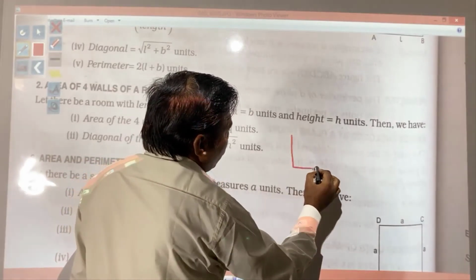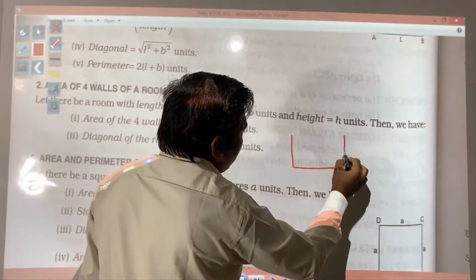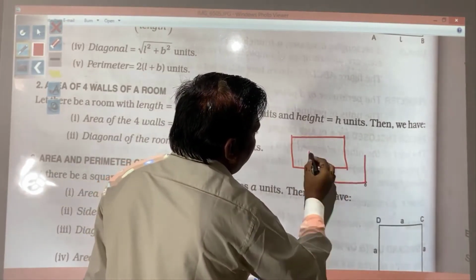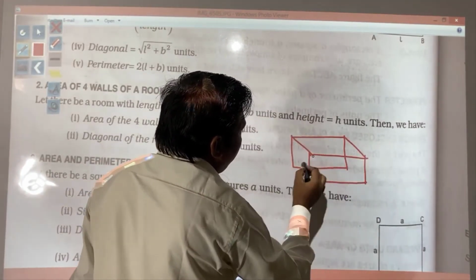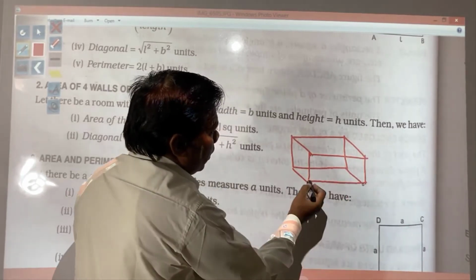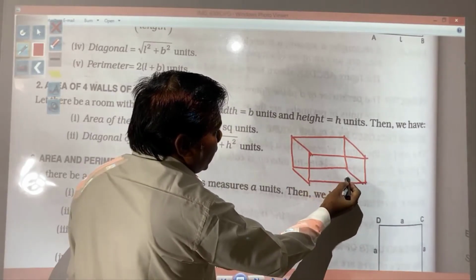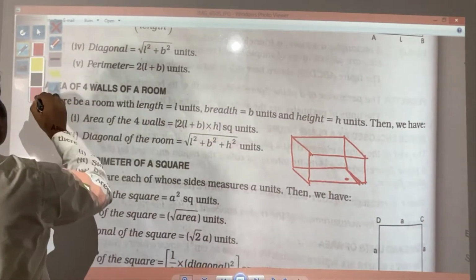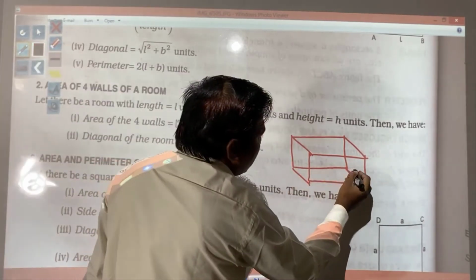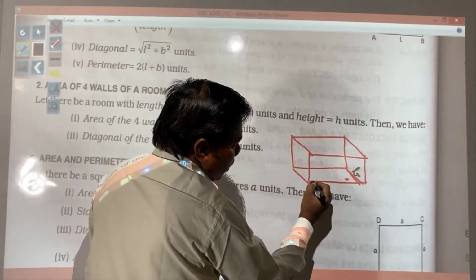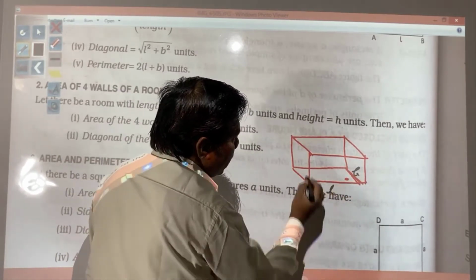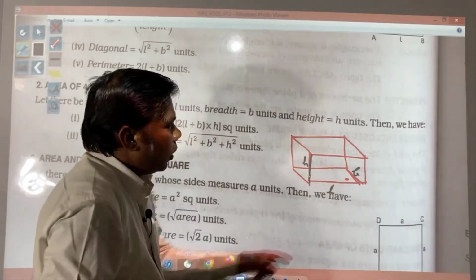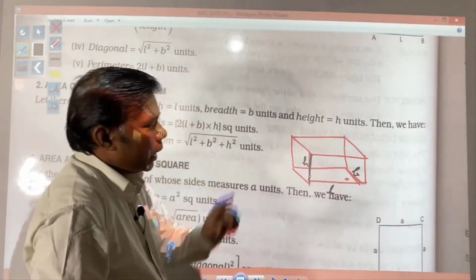Suppose your room is in this figure, like this you have. Suppose somewhere you are sitting over here. So this will be the breadth of your room. This will be length and this will be H, the height. So L, B and H have been given.